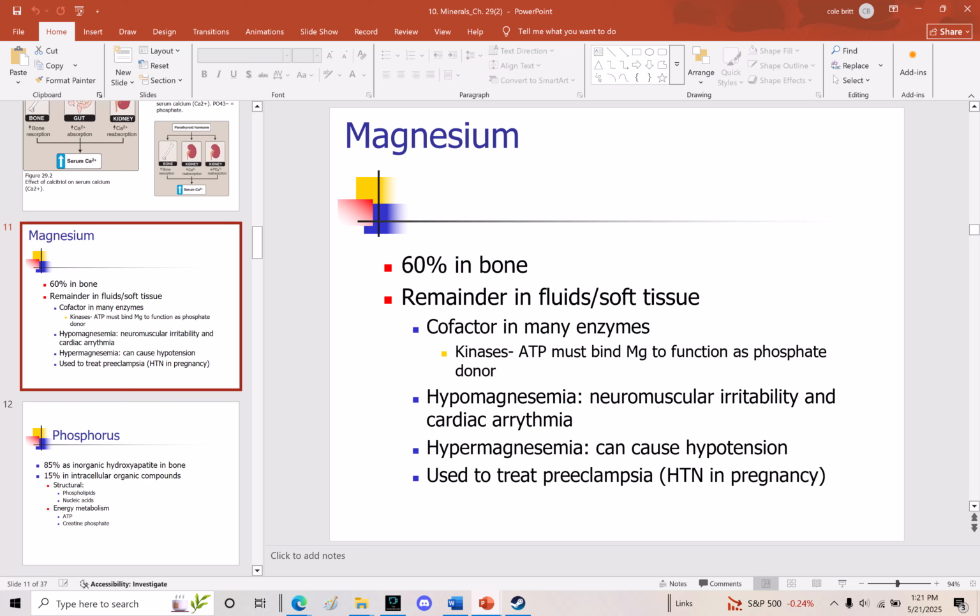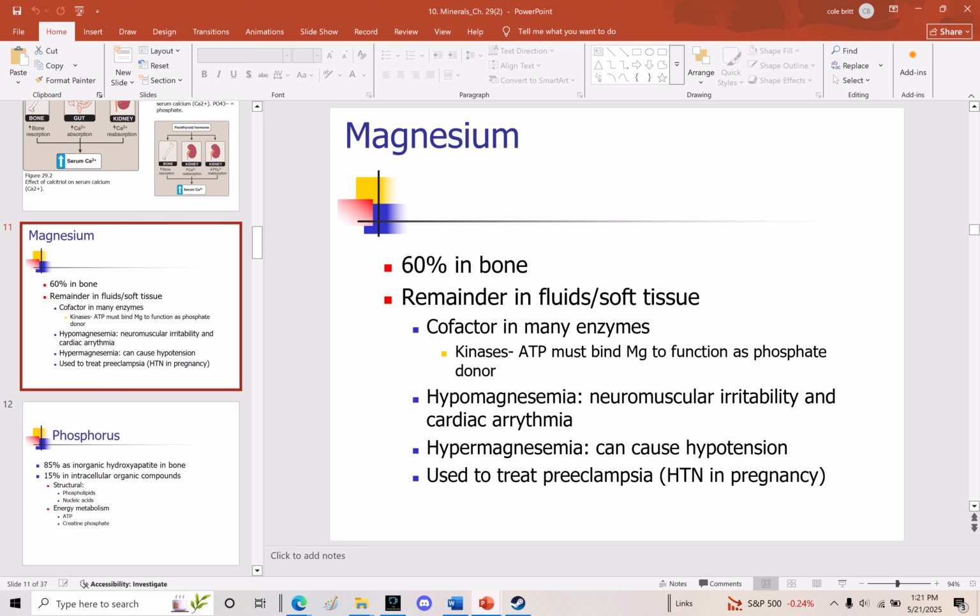Vitamins are coenzymes, minerals are cofactors. But both of them are really going to be important for activating certain enzymes. So when I say cofactor, it's kind of like a coenzyme. The only difference is that this is a mineral, so we call it a cofactor, not a coenzyme. If I were talking about vitamin B12 or B1, then that would be a coenzyme instead of a cofactor.